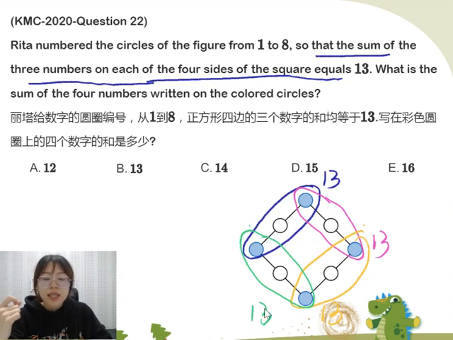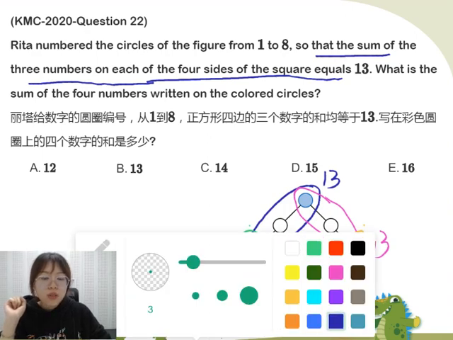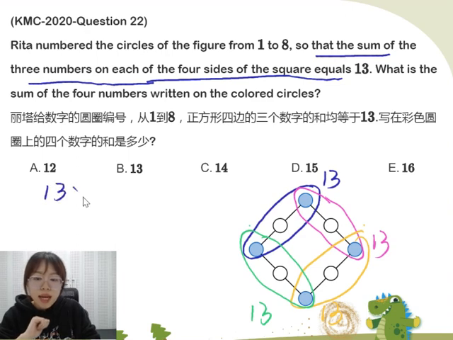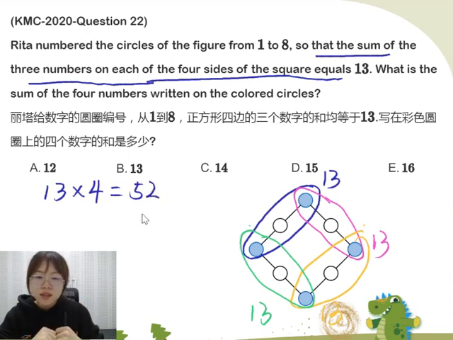Yes, 13 again. So each side is 13, and the whole sum of the four sides is going to be 13 times 4. I think it's easy, right? So it's 52.